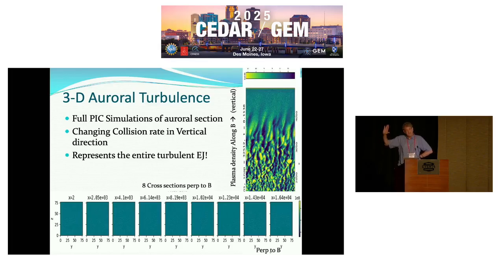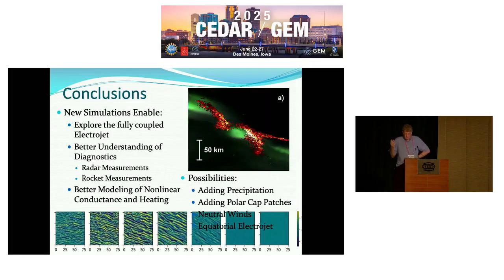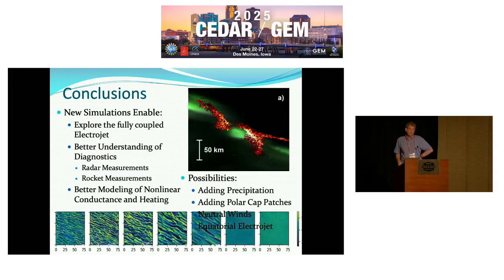Now we can really explore it in full 3D in a way we've never been able to do before. So that's my story. We have new simulation capability, which will hopefully allow us to better understand what exactly nature is doing in the auroral ionosphere when you drive storms and substorm currents through the electrojet. Thank you.